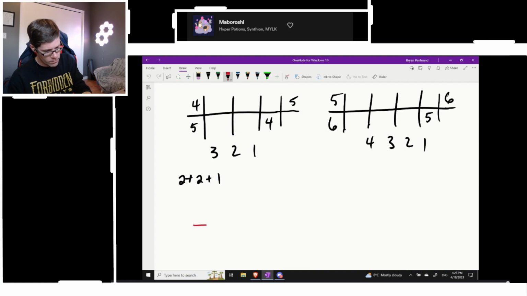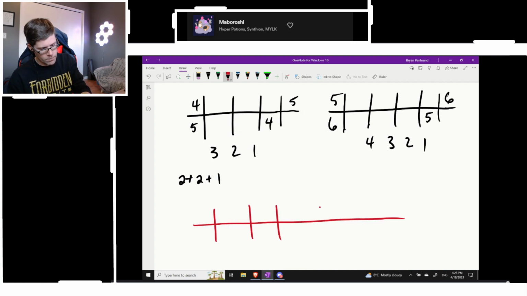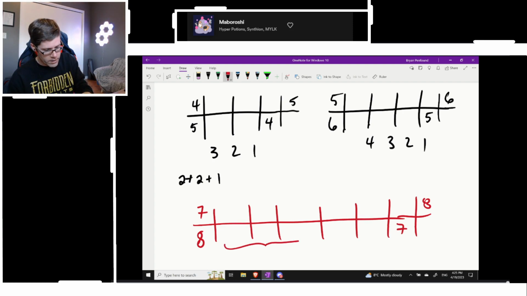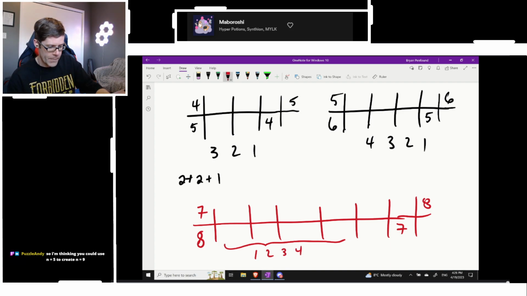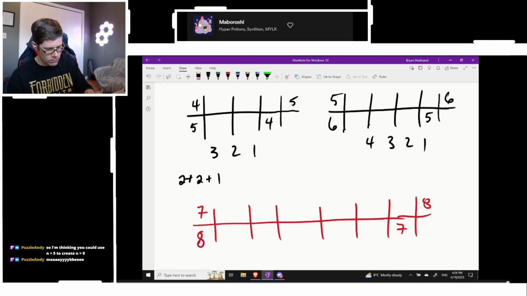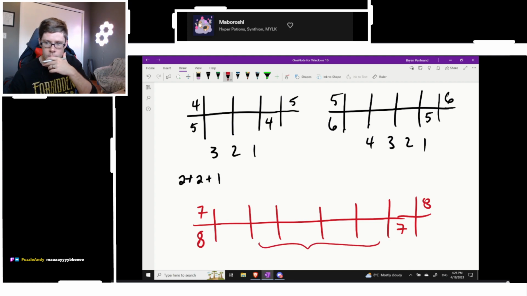Is that true? So could we make it dependent on the 4 step? Yeah, you can. That's crazy.